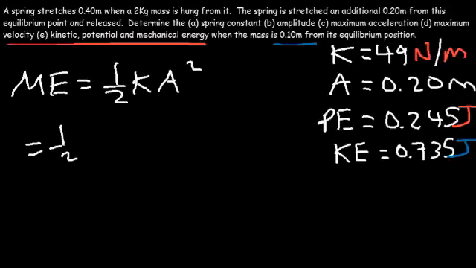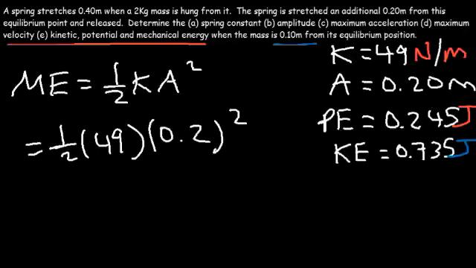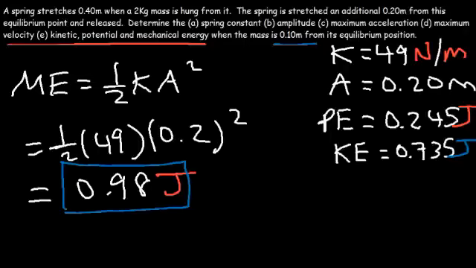So k is 49, and the amplitude is 0.20 meters, or 0.2 meters. 0.2 squared is 1 over 25, or 0.04, times 49, which is 1.96. Half of that is 0.98. So the mechanical energy, which represents the total energy of the system, is 0.98 joules.